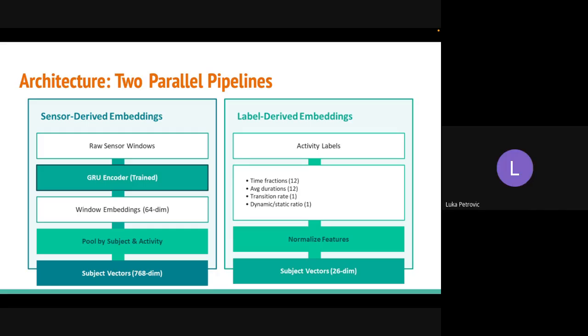The next one is the label-derived embedding. We start with the activity labels, and from those labels we compute handcrafted features, which are time fraction, average duration, and so on.